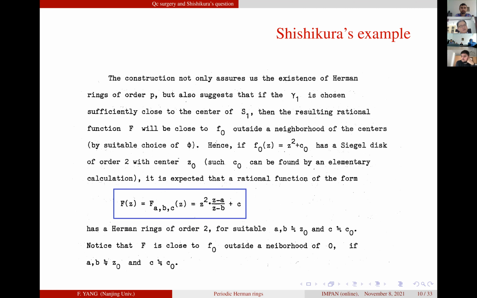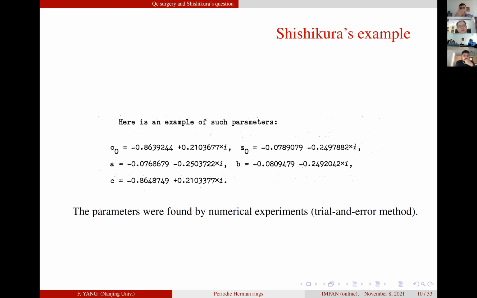And he also did some numerical experiments by trial and error. He found some parameters C0, A, B, and C, and he can use these parameters to draw pictures of the Herman rings of period 2.